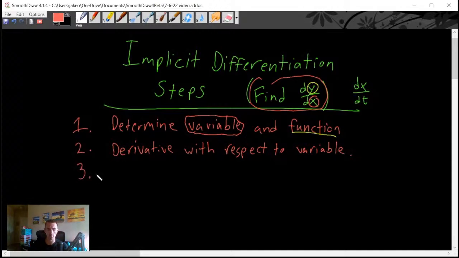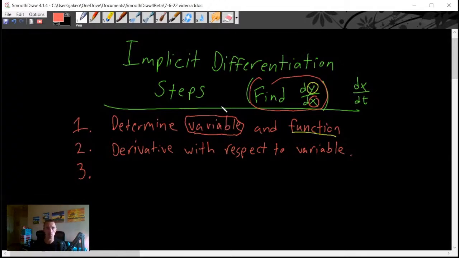Okay. Once you do that, doing this step 2, you may have to use different things like power rule, product rule, quotient rule. When you're doing that, what you want to be very careful of is any part of your equation that only contains x's or only contains your variable, you're just going to differentiate as normal.